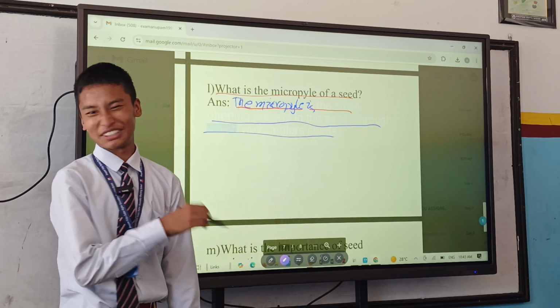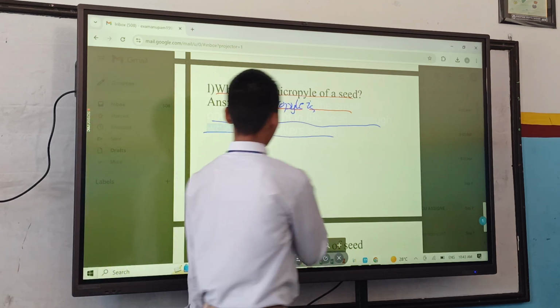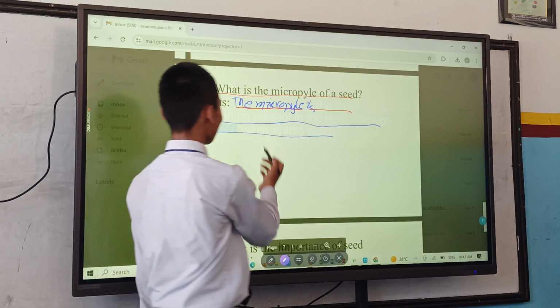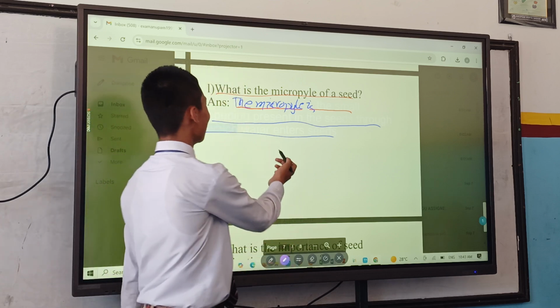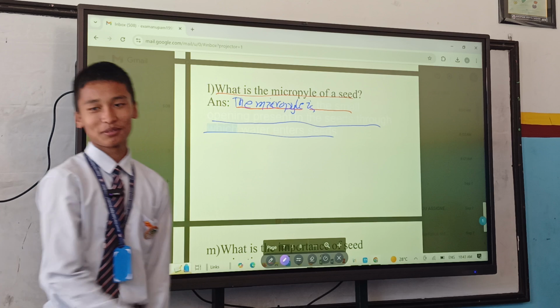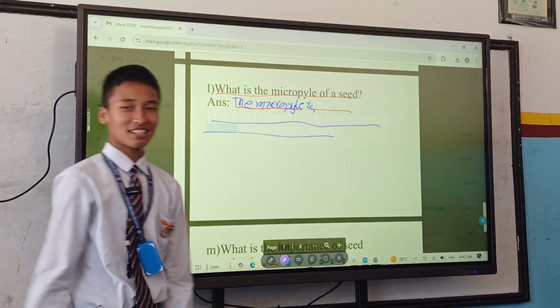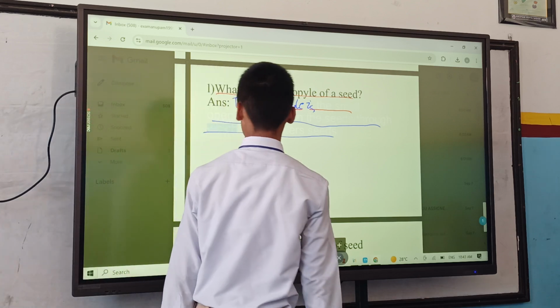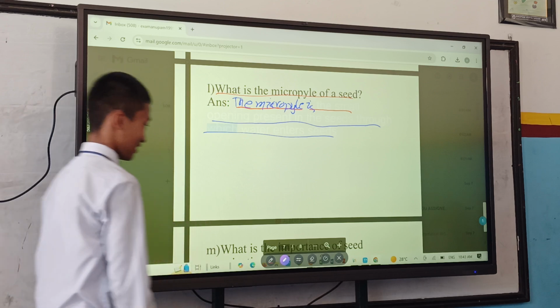I hope you can understand. It is very hard to write on the board. The micropyle is the small opening present in the seeds, through which water enters.